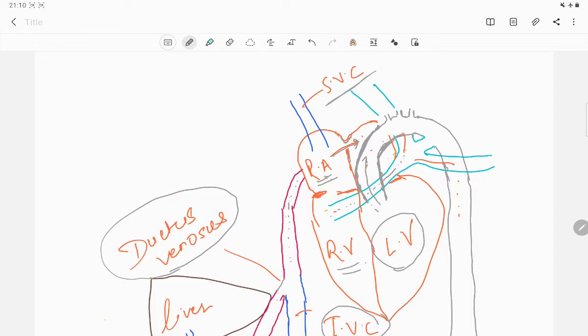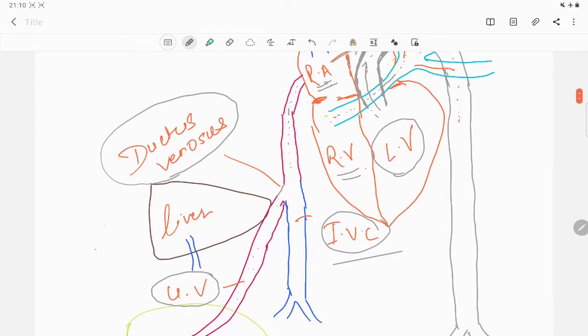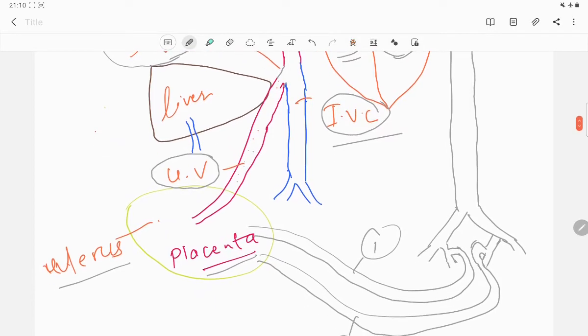Since the lungs are non-functional, there is a third shunt called ductus arteriosus. This ductus arteriosus is the shunt present between the pulmonary trunk and aorta. So again we have our blood in this aorta, and from the aorta it goes down.